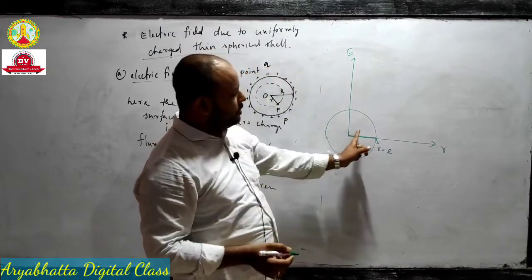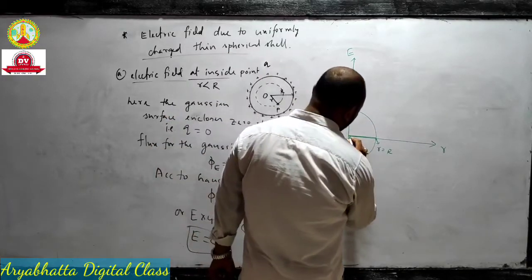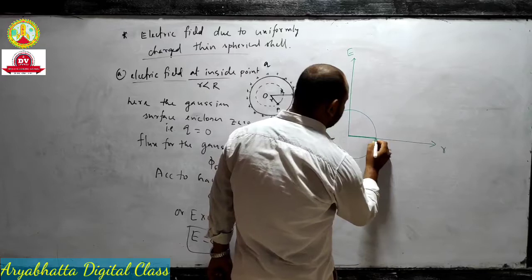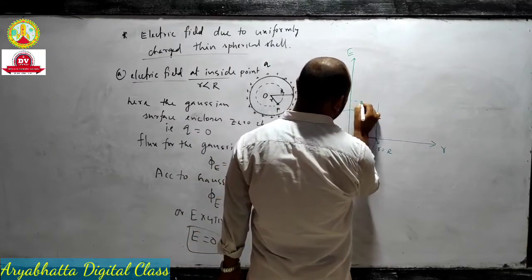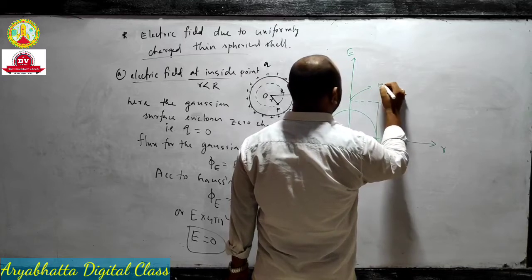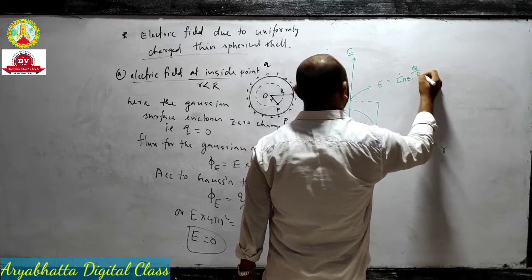Inside the thin spherical shell the electric field value will be 0. On the surface the electric field is maximum, which is E equal to 1 by 4 pi epsilon naught q by r square.